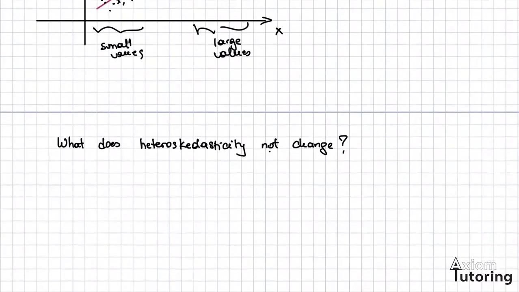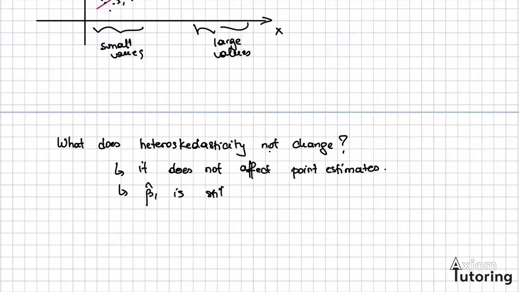It does not affect point estimates, so beta 1 hat is still centered on the true beta 1.